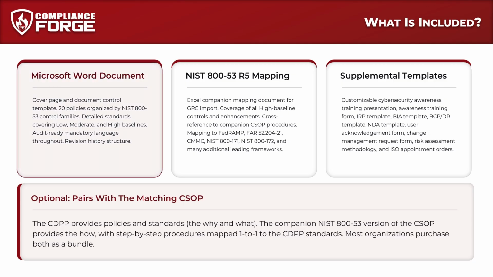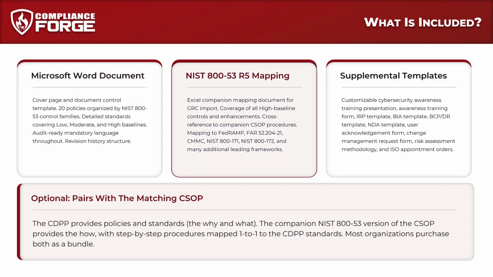The Microsoft Word document: a cover page and document control template, 20 policies organized by NIST 853 control families, detailed standards covering the low, moderate, and high baselines, and audit-ready mandatory language throughout.